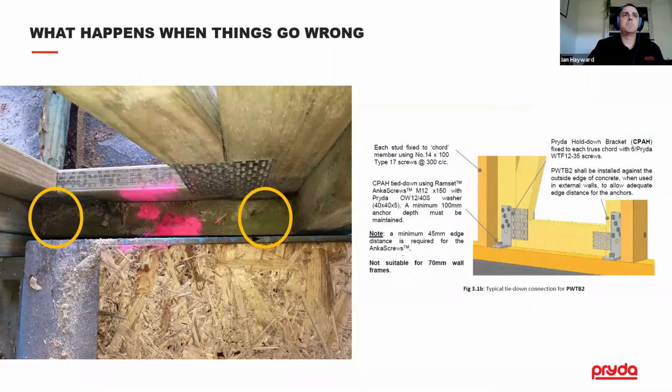And again, we're looking at a proprietary system here. This is the PWTB2. You can see this is the actual technical specification for the tie down at the heels. 2 of these CPAH brackets, anchor screws and screws into the verticals, and they just haven't been fitted off. So you need to make sure when you're putting those systems in place that you're following the manufacturer's specifications.